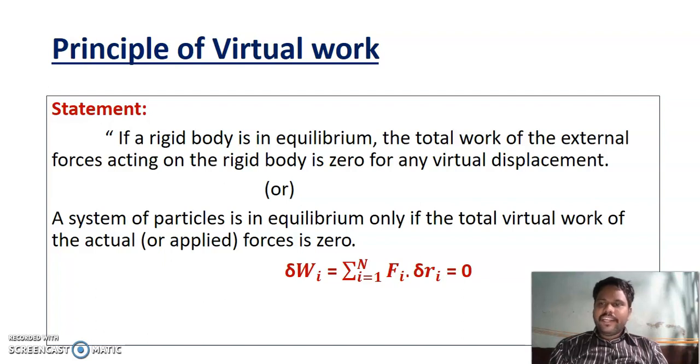Or it can be stated, a system of particles is in equilibrium only if the total virtual work of the actual forces is 0. Mathematically, delta W equals 0 is the principle of virtual work.